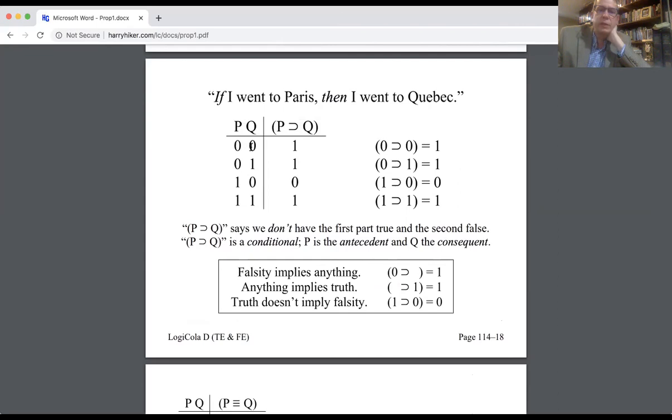If P is false and Q is false, what is the whole conditional? True. If the first part is false, we know it's going to be true. If P is false and Q is true, the whole conditional is true. Here's the one to watch out for. If P is true, first part, antecedent, and Q is false, then the whole thing is false. If P is true and Q is true, the whole thing is true.